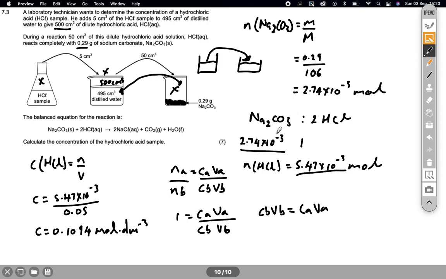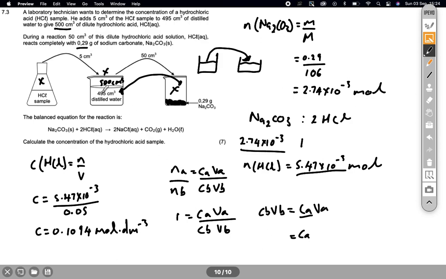Now we can substitute, and we are looking for the actual concentration. So this would be the concentration of the acidic part. So we don't have Ca, so we can divide both sides by Va.